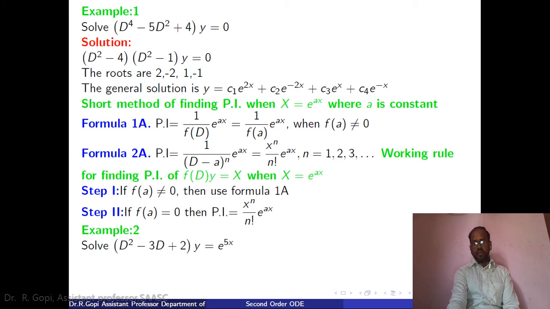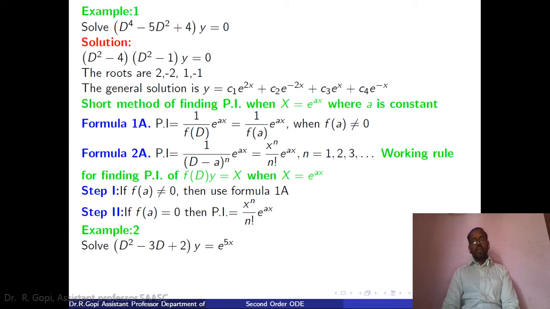Then another example: solve D square minus 3D plus 2 into y equal to e power 5x. The given equation is a second order linear non-homogeneous equation with constant coefficients.